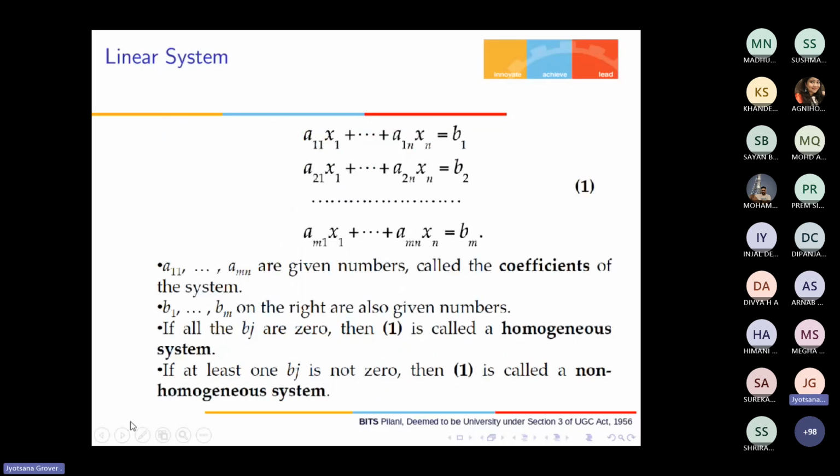Now, the thing is, this can be represented as AX equals B. Why? Can anybody try? See, what is your A? A is your a11 up to a1n, the coefficients. Then the last row is am1 through amn.